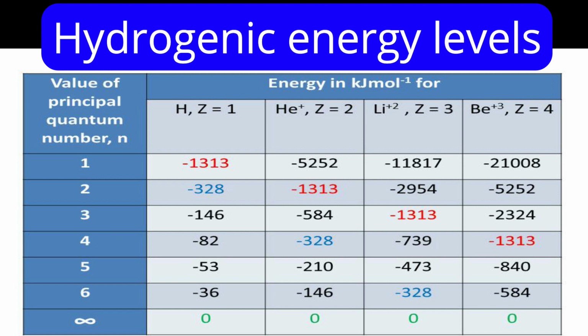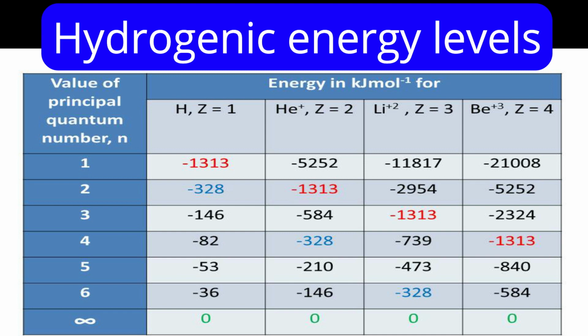Let us have a comparison for one more energy value. I want to consider minus 328 kilojoule per mole as a reference. For hydrogen, the second shell has that value. For helium plus, see, atomic number is increasing by 1. For helium plus, it is the fourth shell.